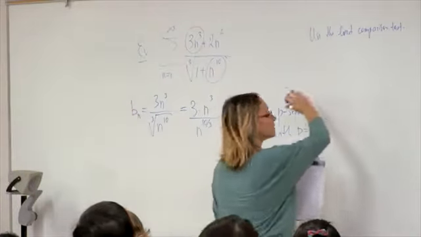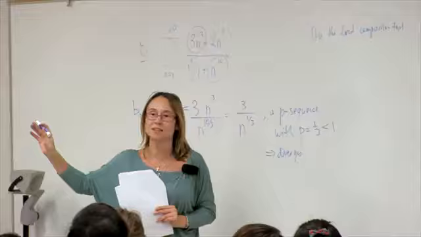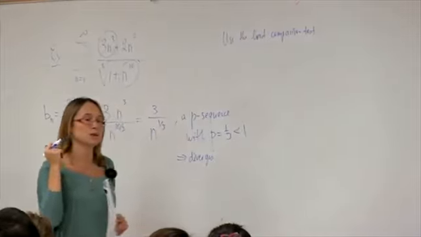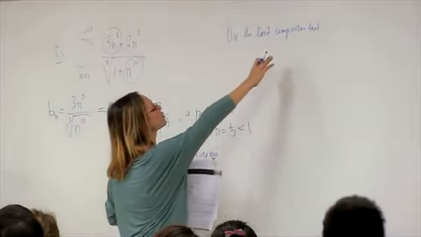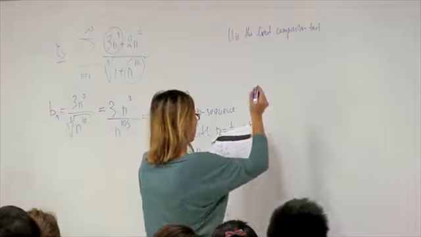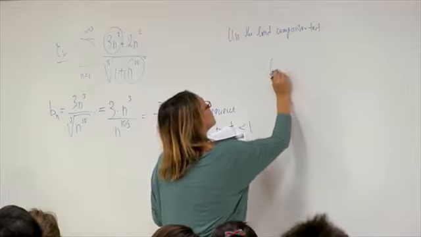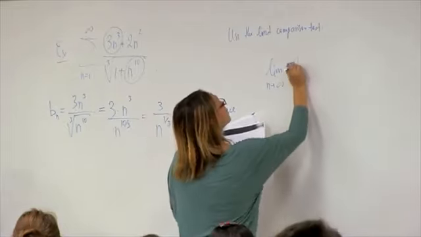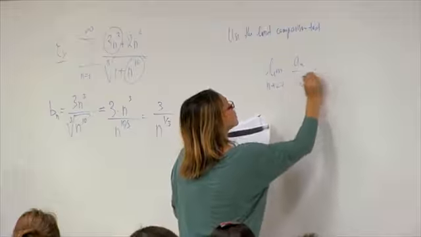So in the previous example, we could use either test. Here, I would advise against the straightforward comparison test, and I would suggest to only use the limit comparison test. So we have to consider the limit as n goes to infinity of an over bn. So what is this?